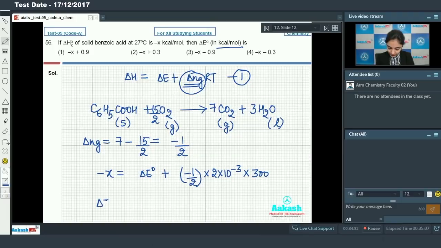So the delta E naught will be equal to minus X plus 0.3. I hope this is clear to you. So option number 2 will be our correct answer.